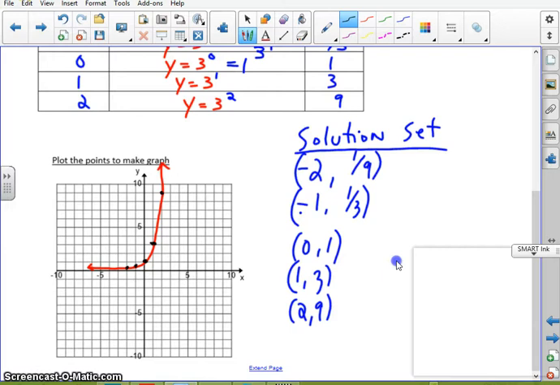This point represents 1, 3. And then I have the point 2, 9. So this is the graph of an exponential function. It starts off slowly, and then it grows real fast. So the red curve there represents that equation.